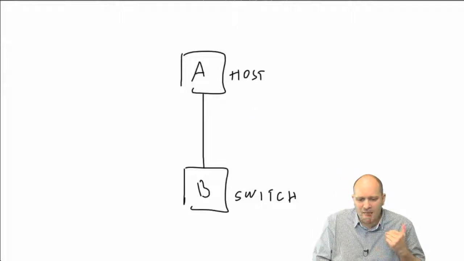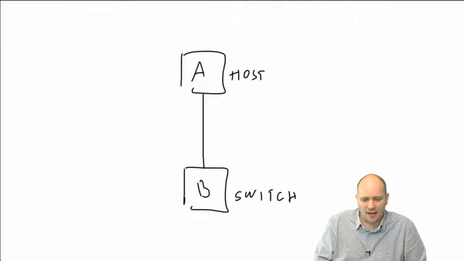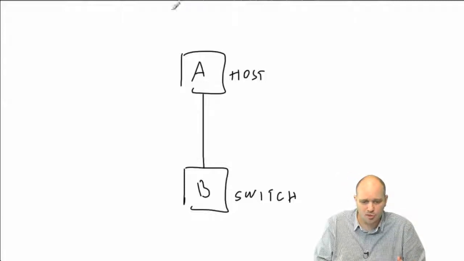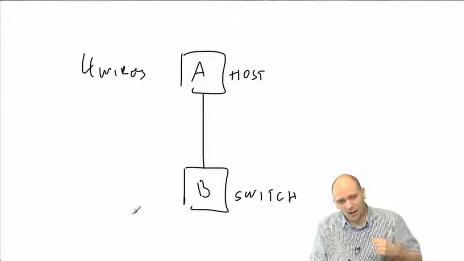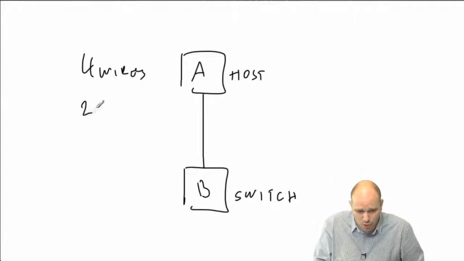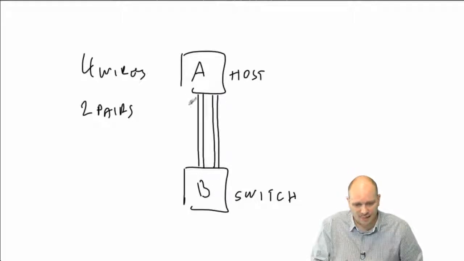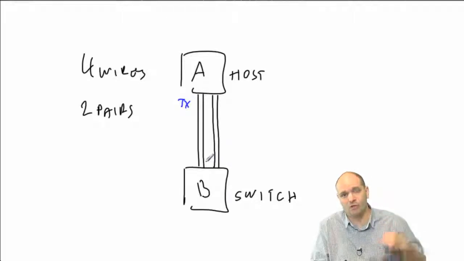Now, if we have only 2 hosts connected, and we are using twisted pair connections, which means that we are using 4 wires to interconnect, which means we are using 2 pairs of wires. So we have really just this kind of thing set up. Now, we can say that this pair of wires here is connected to the transmit side of the circuit.